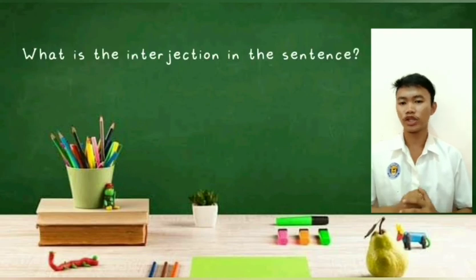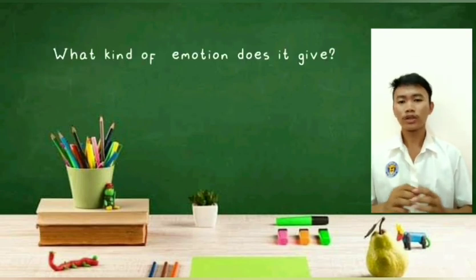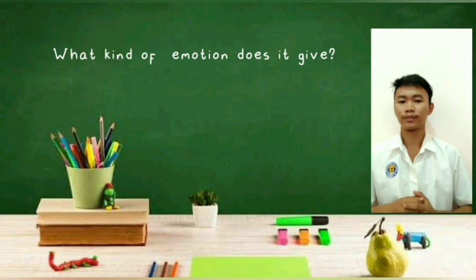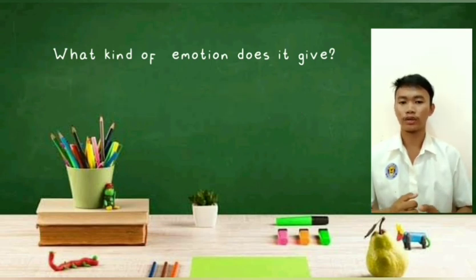What is the interjection in the sentence? Thank God. So what does the interjection imply, or what feeling does it give? The interjection implies the feeling of joy, the interjection for joy.